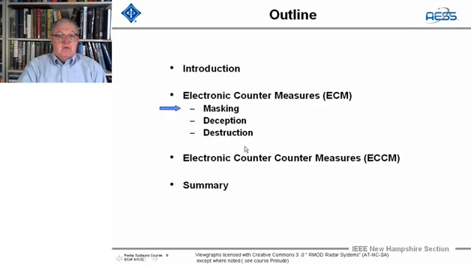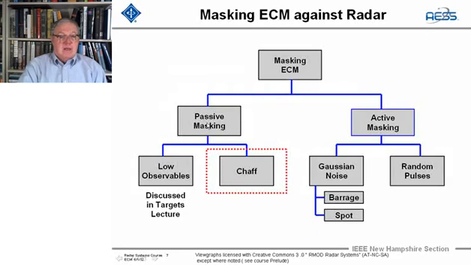So first, let's look at electronic countermeasures, ECM: masking, deception, and destruction. First will be masking. In masking, there are two things that you can do. One is you can make the target so small, its radar cross-section so small, that you can't see it. We've all heard of the F-117 stealth fighter and the B-2 stealth bomber.